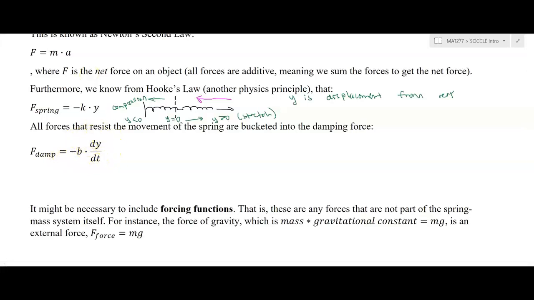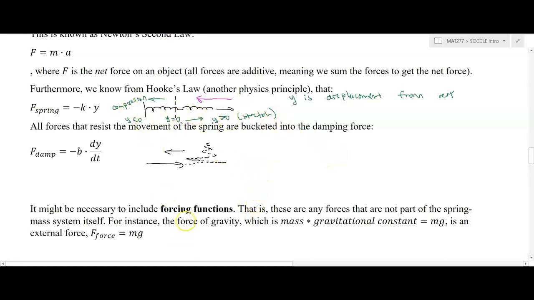For example, if that spring is moving this way, the damping force will proportionally slow it down, right? It's still going to allow that spring to move this way, but it's going to start to slow it down until it goes back, and it's going to slow it down until eventually that spring stops moving and stays fairly stationary.